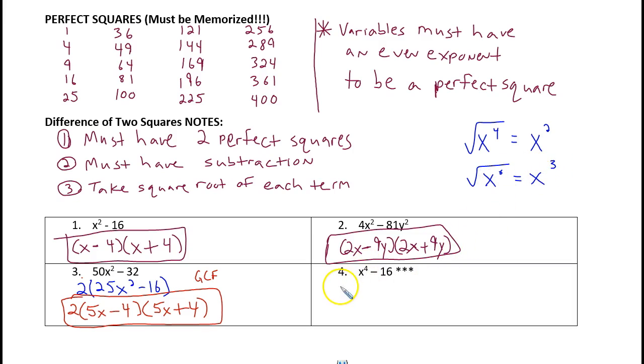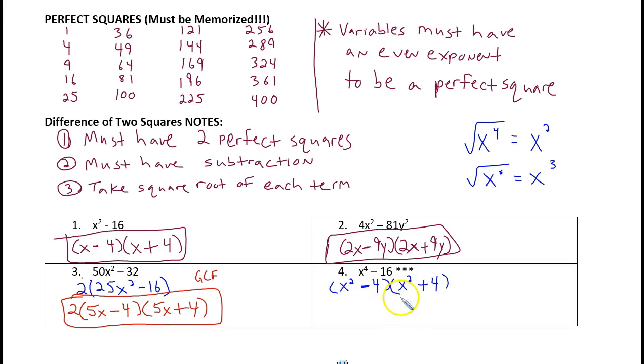So when we break this apart into our parentheses and we take the square root of x to the fourth, it's going to be x squared times x squared. The square root of 16 is 4. And we're going to have our minus sign and our plus sign.